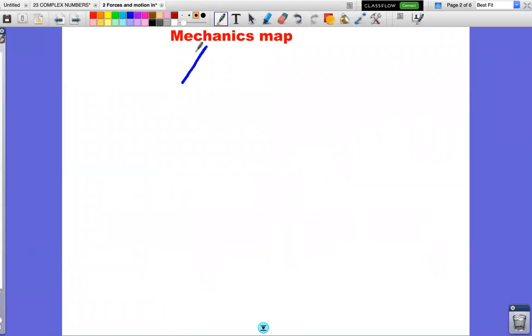The first part that we have studied already, we can call it kinematics. Maybe it's not necessary for you to know these words, but it's important to understand what we are doing. So we have studied kinematics, which describes motion. How do objects move, right? Kinematics talks about describing motion.